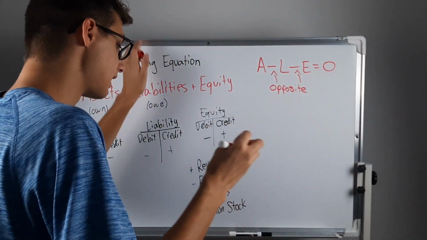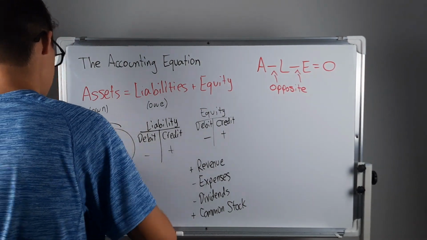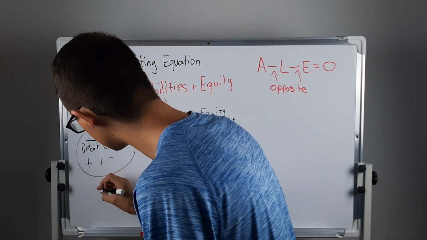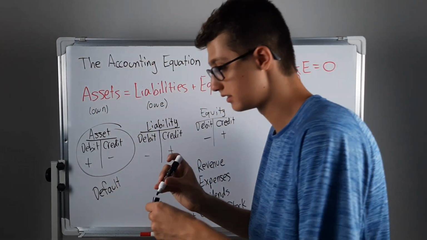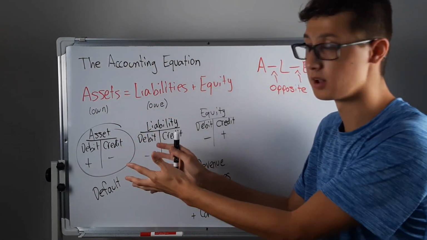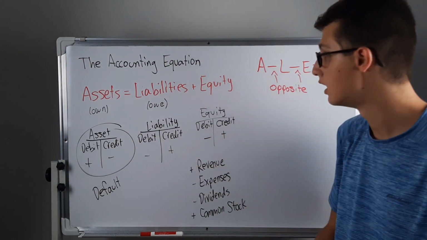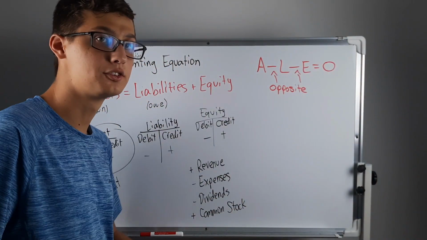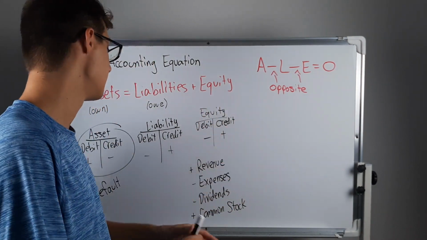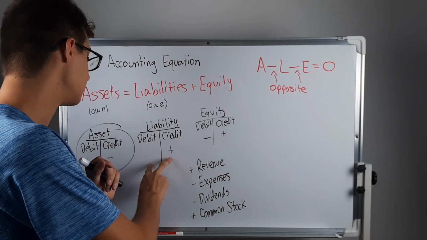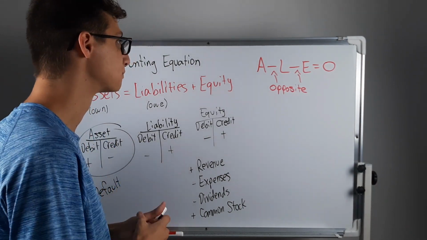Let's say that the default is this. I'm going to mark this as the default. This is how accounts are by default, with debits increasing and credits decreasing. The negative here tells you to do the inverse, because that's what negatives do. They invert whether debits and credits increase.